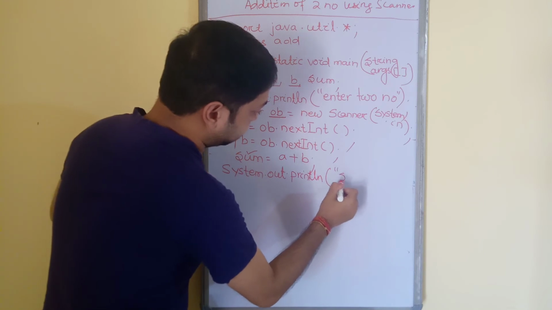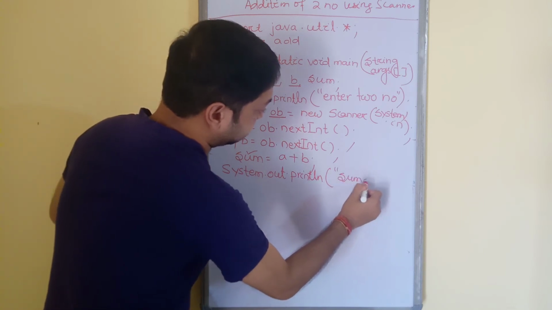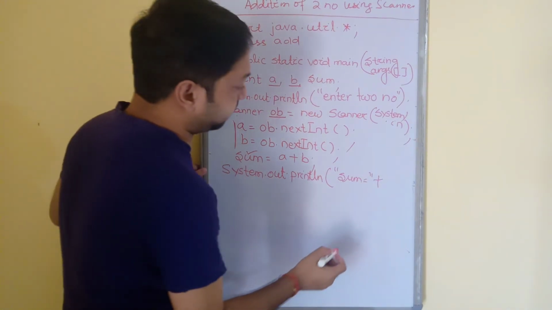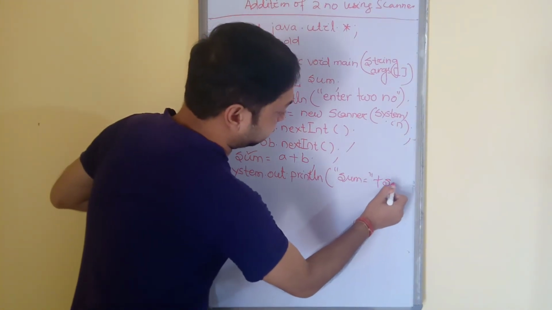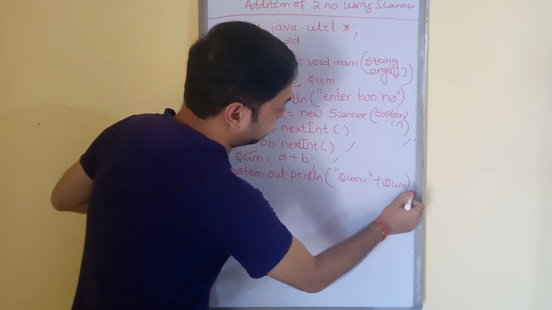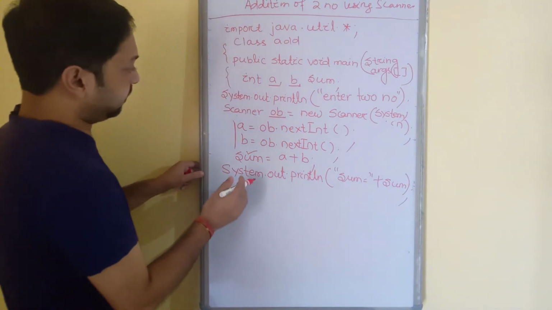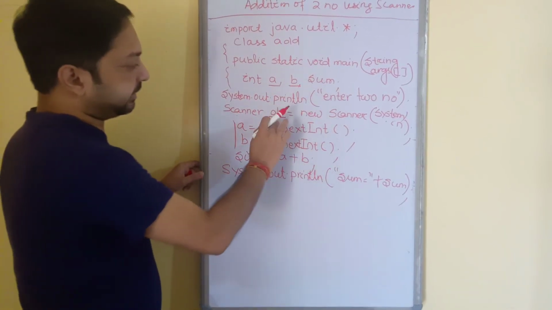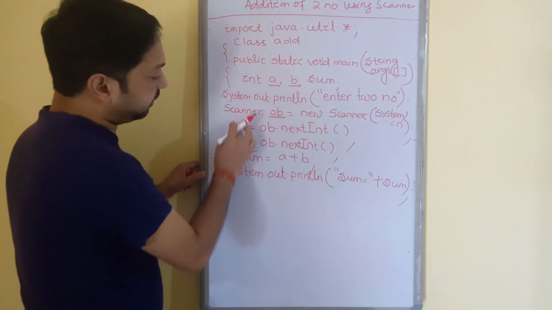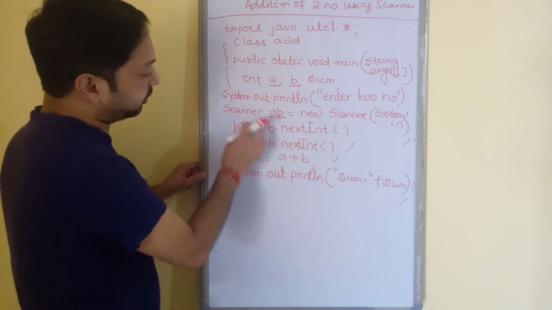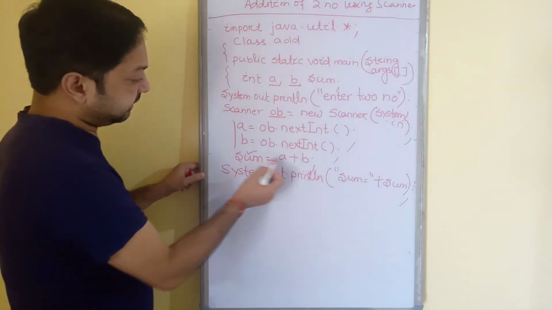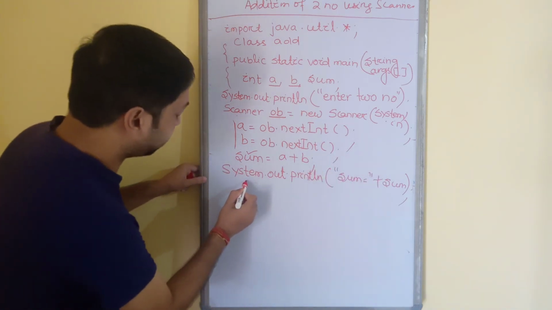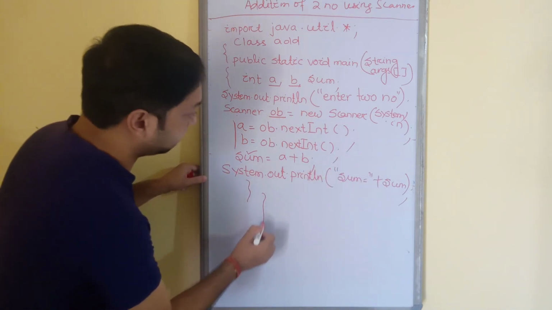You can write "sum equals", which is a simple message, then join it using a plus, then the variable sum. So now you have declared the variables, given the message, created the object, input the two variables through the keyboard, performed the addition, and displayed the variable. Now just close the main method, then close the class.